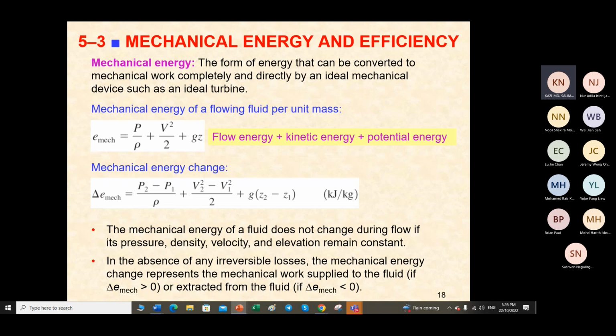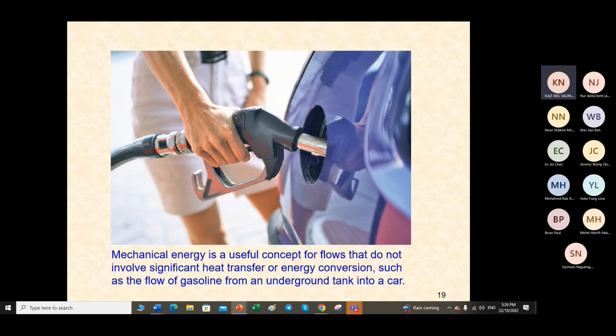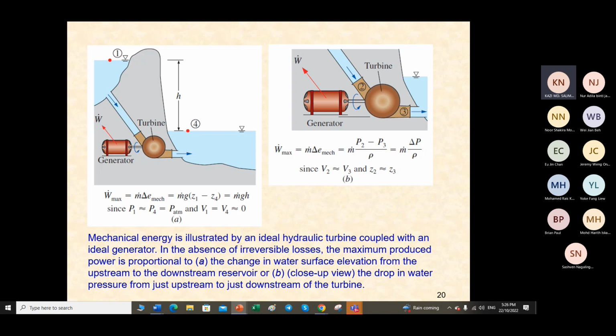energy from there. With this understanding, we move on further to the pressure head. If we say the total amount of mechanical energy, the pressure energy, in this case is M into P2 minus P3 divided by rho.